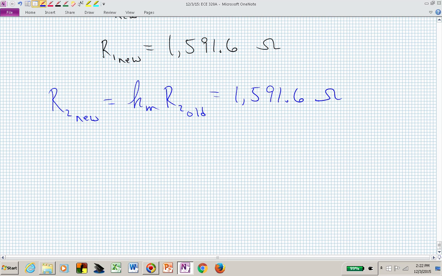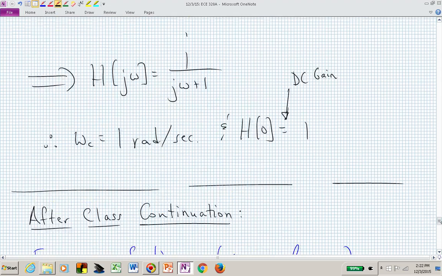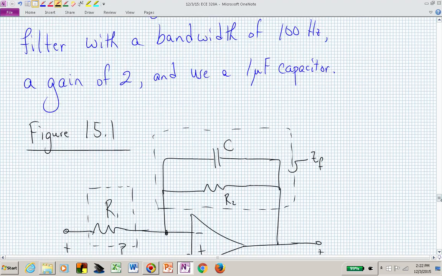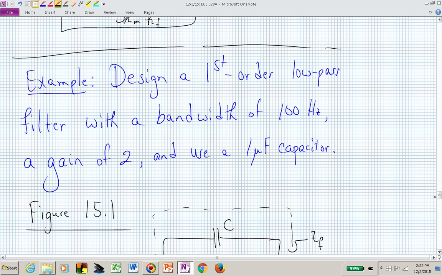We're not quite finished, because if you keep track of what we've done, all we've done so far is change the magnitude of our impedance values and frequency scale, but our original problem asked for a gain of 2 in the pass band, and we started with a DC gain of 1.